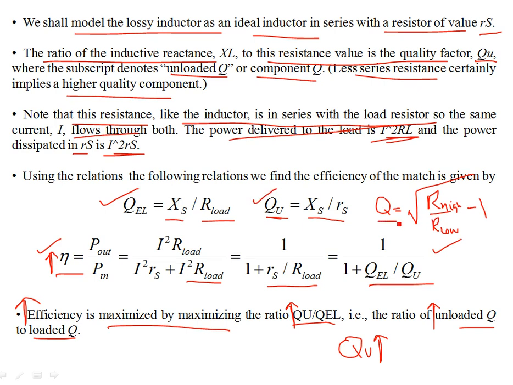This quality factor is not defining the efficiency; this quality factor is. So unless you have near lossless or very high component Qs, the efficiency of your overall match network is going to be compromised.